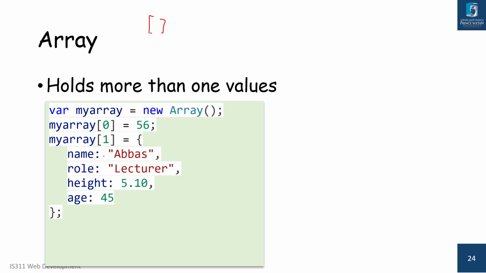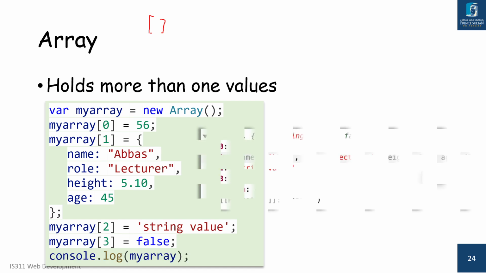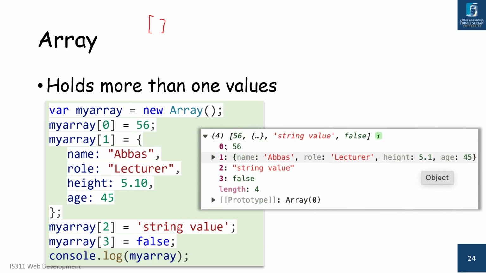Then here we say index 1, so at index 1 we are putting another object, and at index 2 and index 3 we have a string and false. And when you try to print it, at index 0 we have the number, at index 1 we have a complete object which has the name, role, height, and then we have the string value, then a false value.